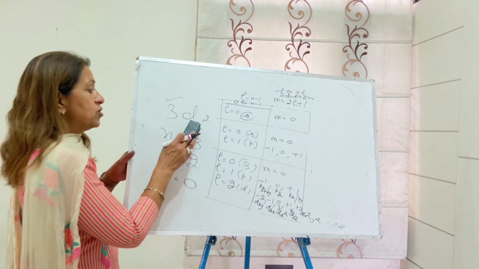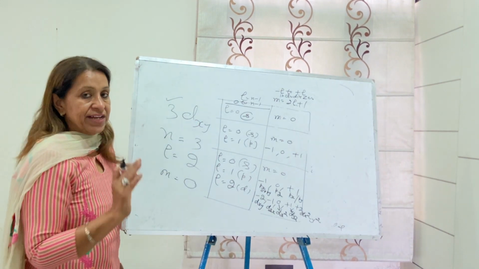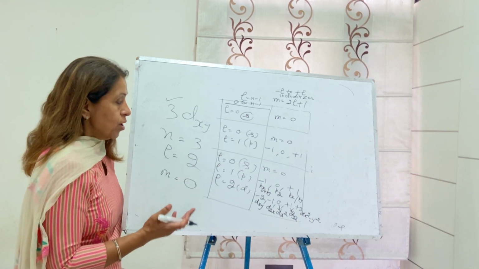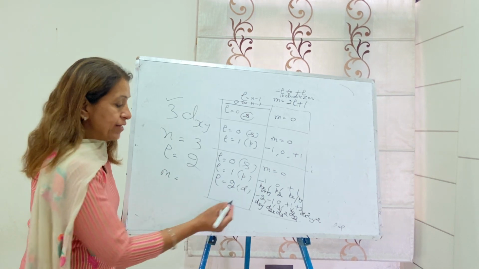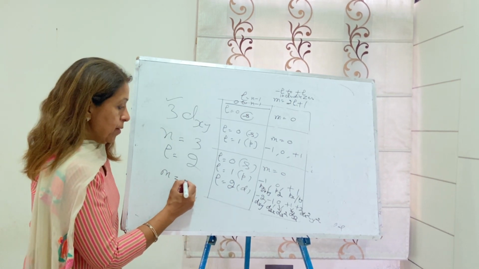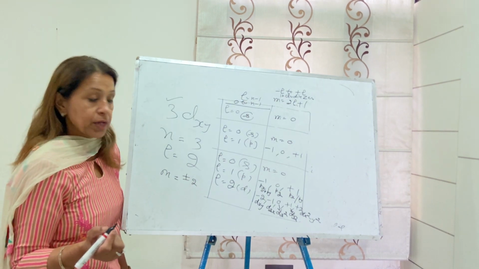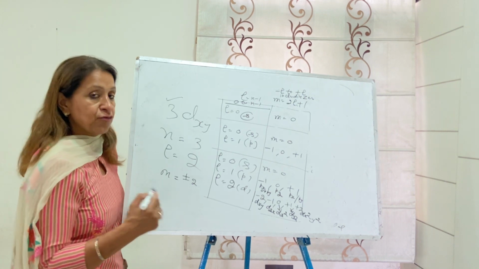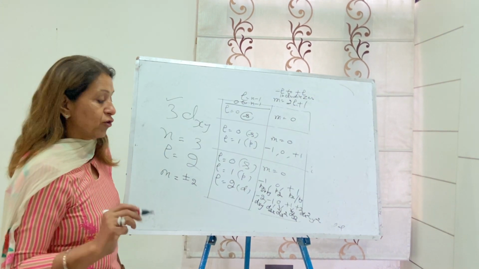But if there is written x, y, then the rest of the values will remain the same. n is 3, l is 2, but m is minus 2 or plus 2, plus minus 2. Always remember this minus 2 and plus 2. These two values are for x, y, and minus 1, plus 1 for zx or yz.